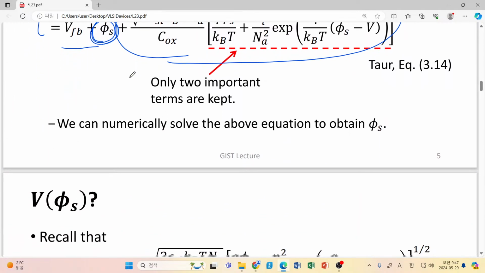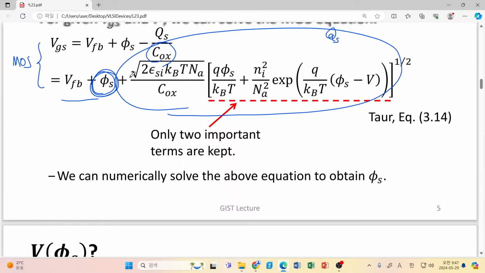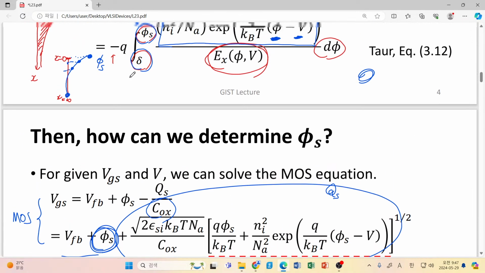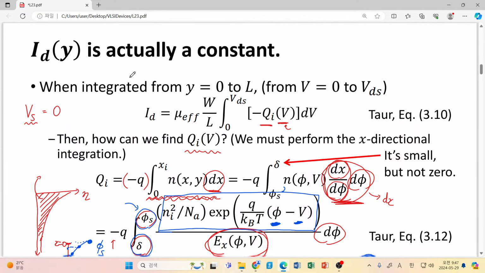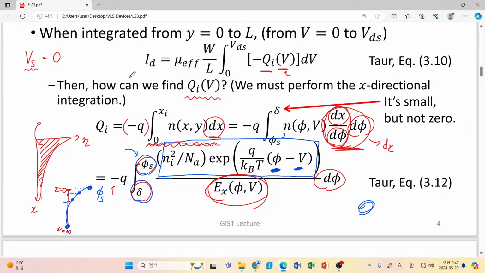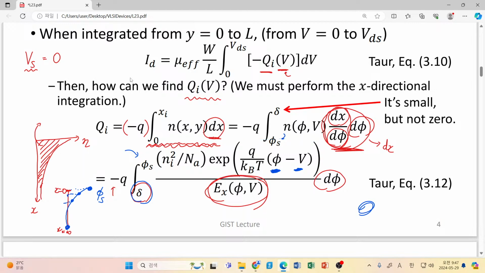Then now, since we can calculate this phi value, let's come back to this one. Now we must calculate this equation 3.12, and now we understand this upper bound.